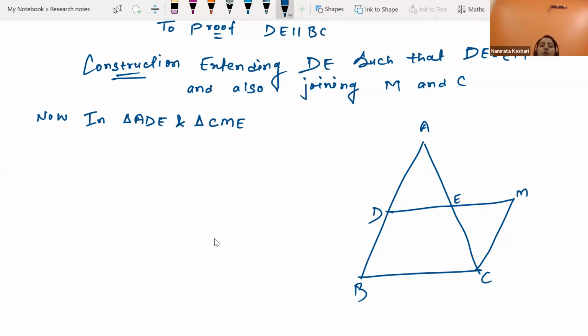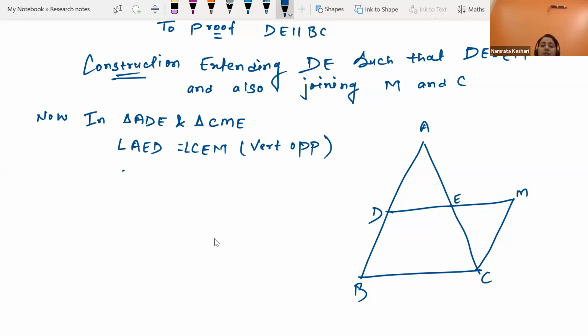Here we will say that angle AED is equal to angle CEM, vertically opposite angles. Write it properly.